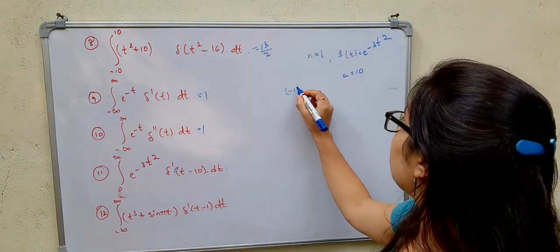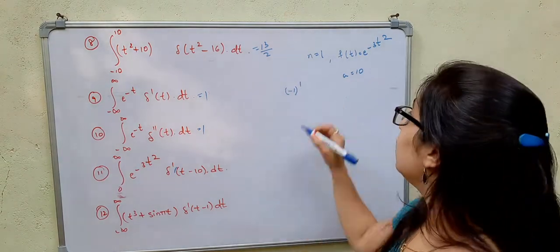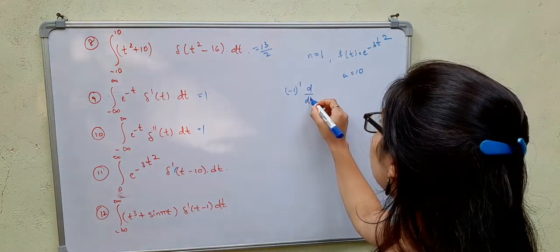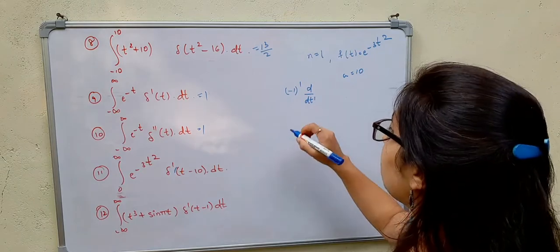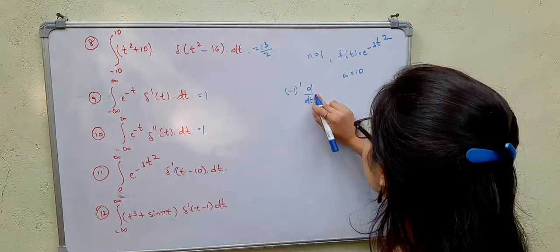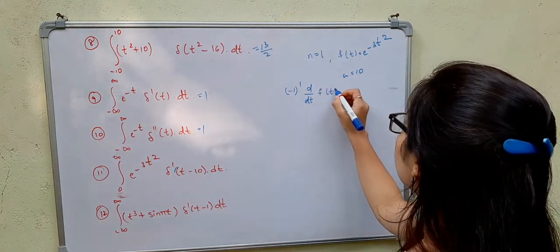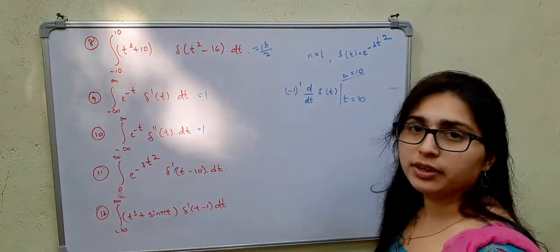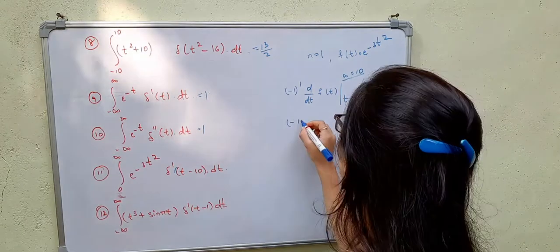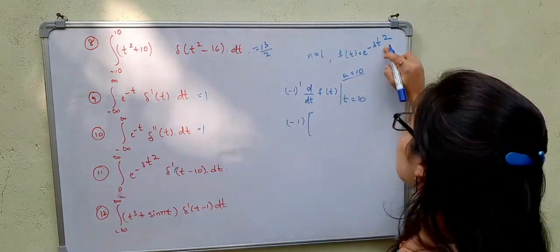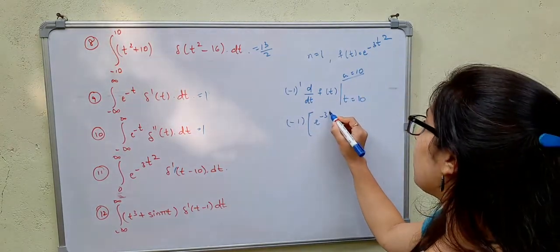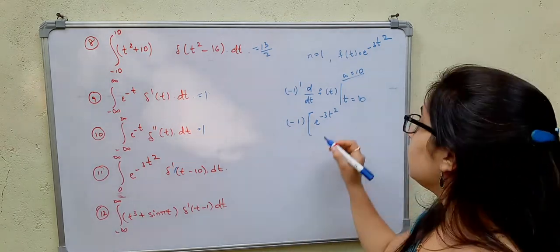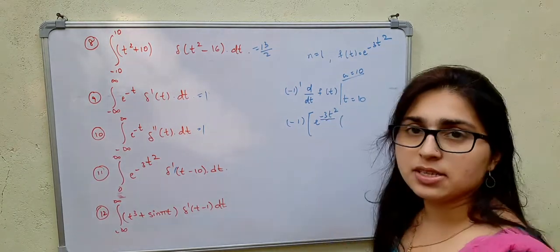So minus 1 to the power n, that is 1, d by dt to the power n, that is nothing but 1 time. So that is f of t at t is equal to a, nothing but t is equal to 10. So minus 1, what will be the differentiation of this? It is e to the power minus 3t square as it is. Then what is the differentiation of minus 3t square?